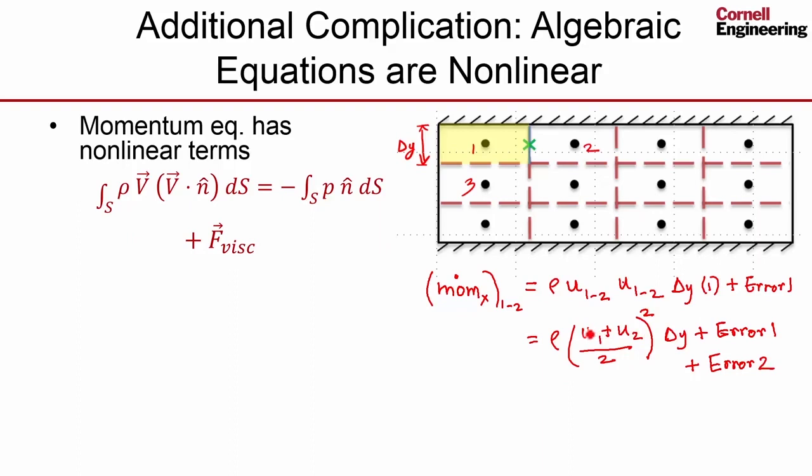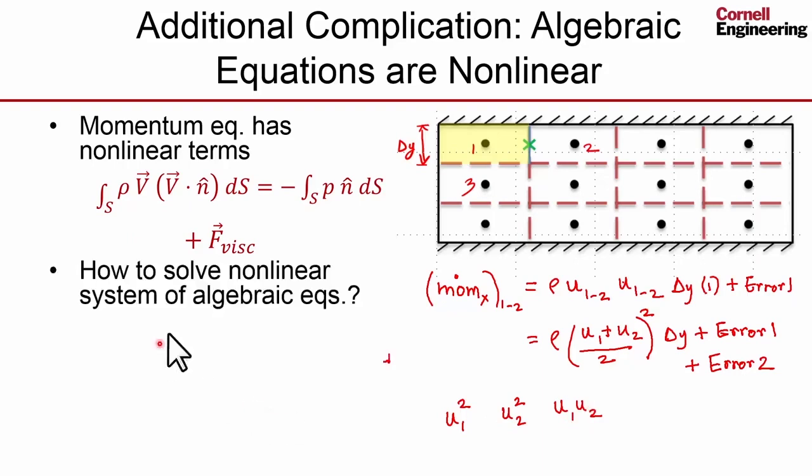And when we square that out, the kinds of nonlinear terms we are going to get, in the algebraic equation, we'll have a u1 squared term, we will have a u2 squared term, and we will have a cross product u1, u2. All of these are nonlinear terms. So then the question is how to solve a nonlinear system of algebraic equations.